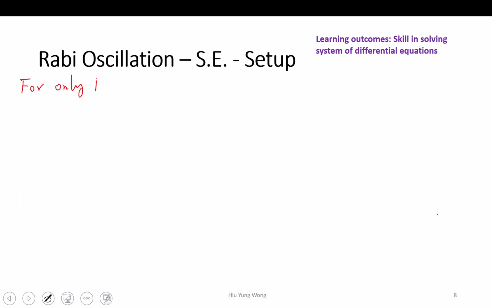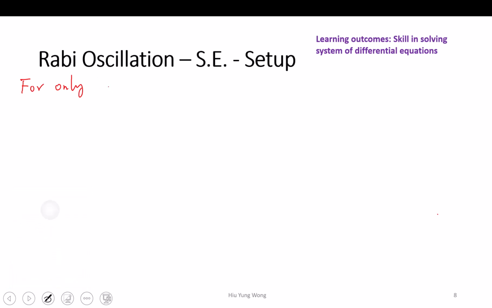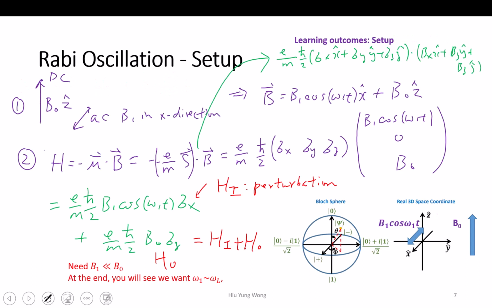For only B0, I mean H0, right? When you only have the original magnetic field pointing in the Z direction, you have H0 equal to B0 e h bar divided by 2m sigma z, right? I just copy from here.